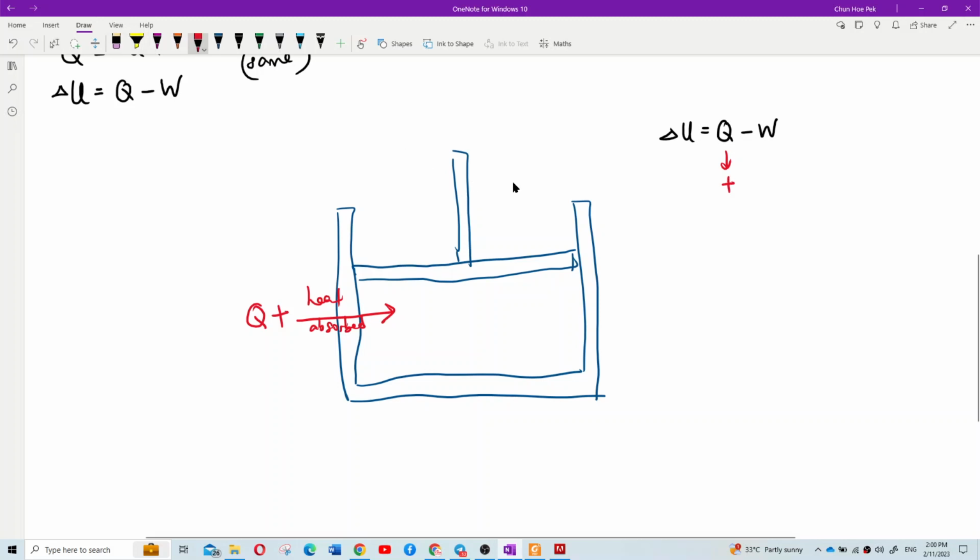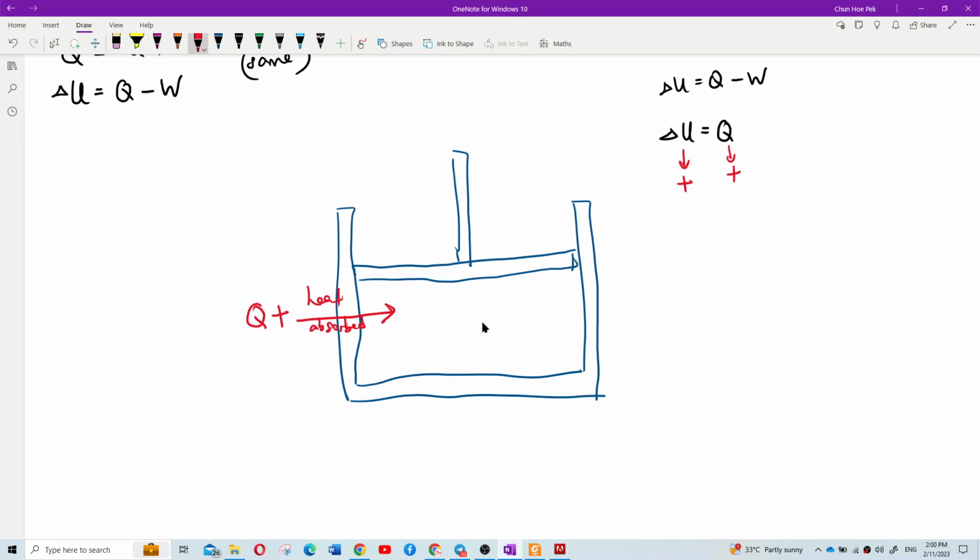Let's say I rewrite the formula above: delta U equal to Q minus W. Let's say we don't have the work done, just heat absorbed. So what will happen, class? Q is positive, right? So what will be the value of delta U? Positive also, isn't it, class?